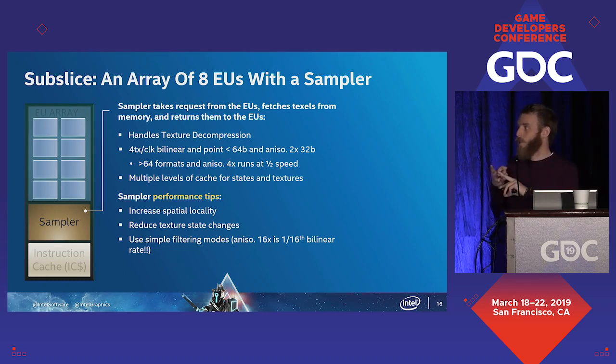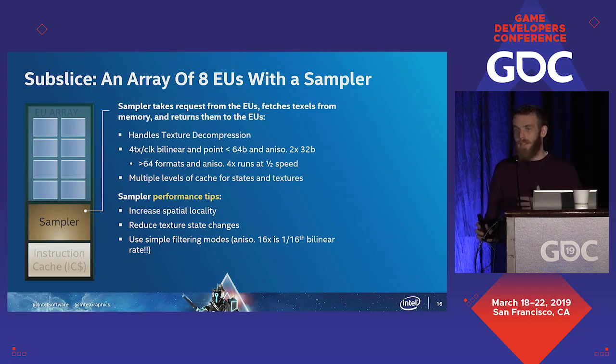Reducing texture state changes. Texture state is a combination of texture format and sampling state, and our sampler is only capable of sampling a certain number of them at a time. So if you have too many permutations inside the same shader, you might end up stalling on texture state.